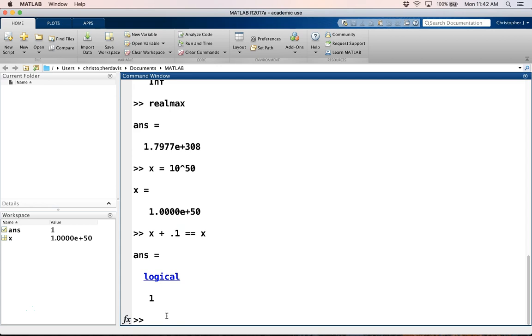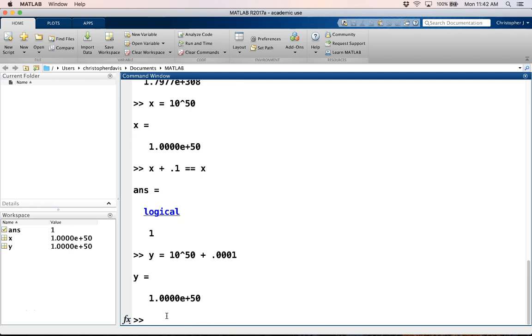And better, if you want to know, does x equal y? So let me just do an example. 10 to the 50th plus 0.001. Instead of asking does x equal y, it would be better to ask, is x minus y small?